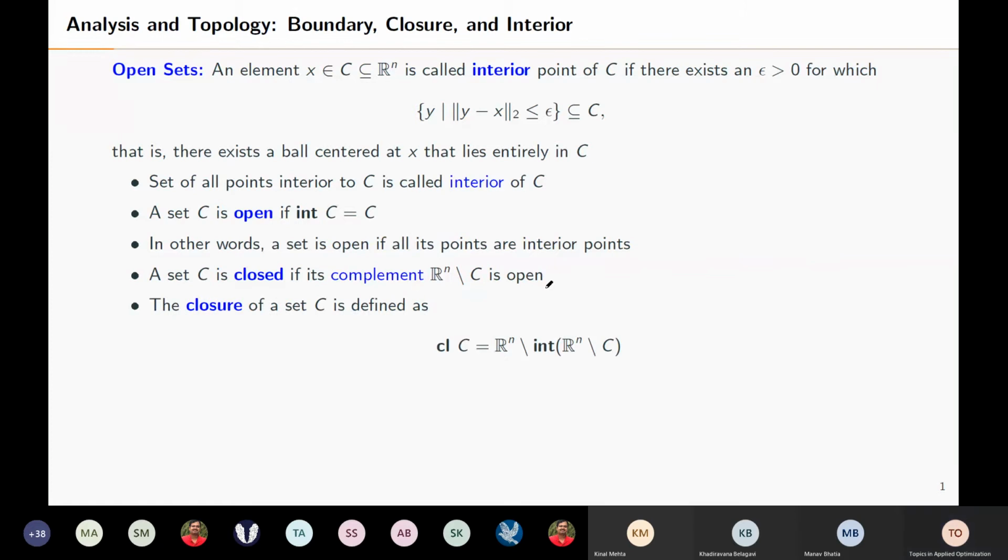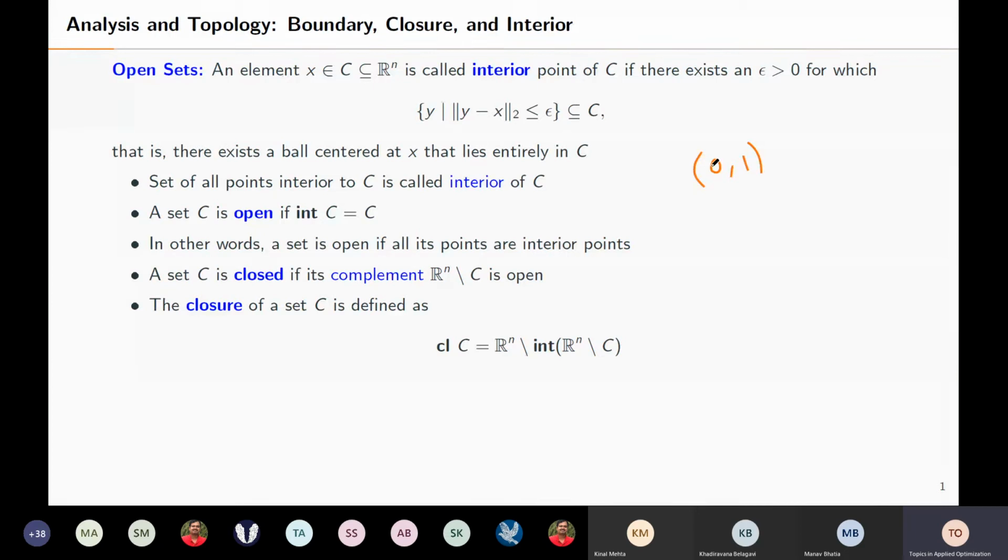And the closure of a set C is defined as follows. This will look a little bit too much, but I can give you an intuition behind this. Often we don't need to remember this. Look, our intuition suggests this: if I have (0, 1), what is the closure of this?